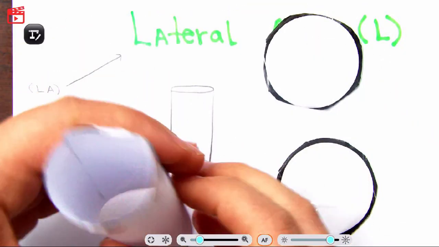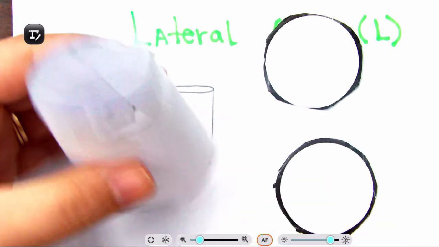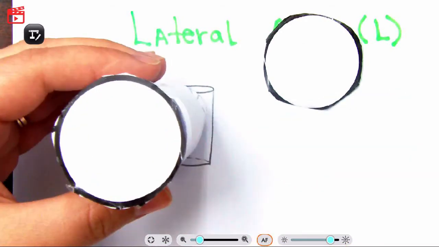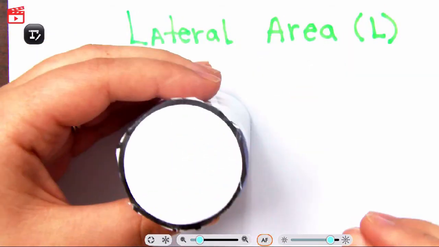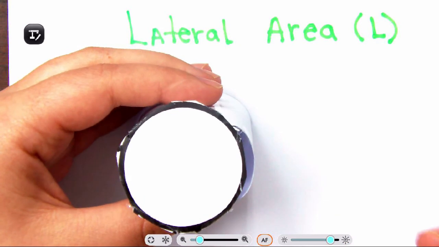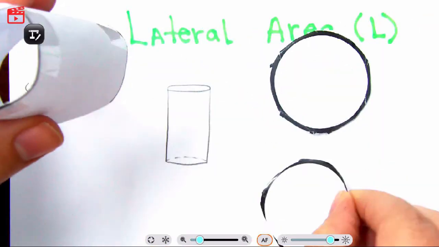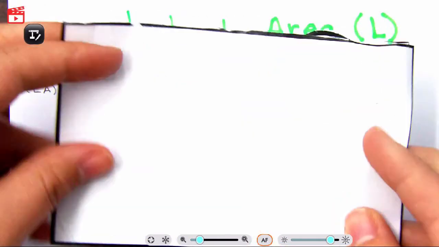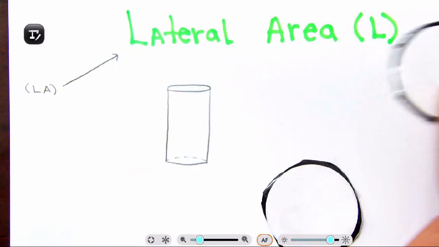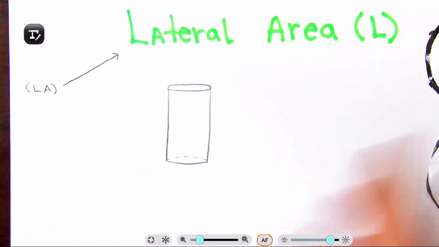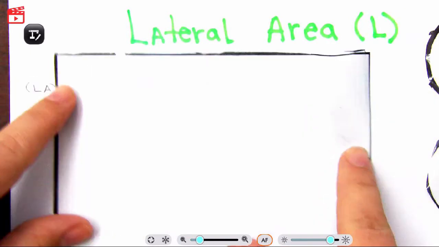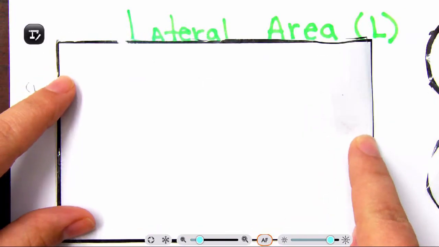It was rolled up with the base on top and the base on the bottom. So I have created a net by splitting it open, and this is what we have. So this is a base, and I keep saying that these two are bases, super important. This right here is what we want for our lateral area.